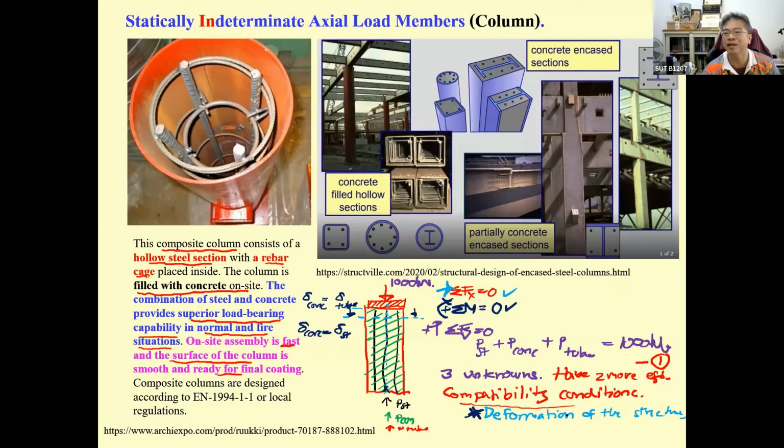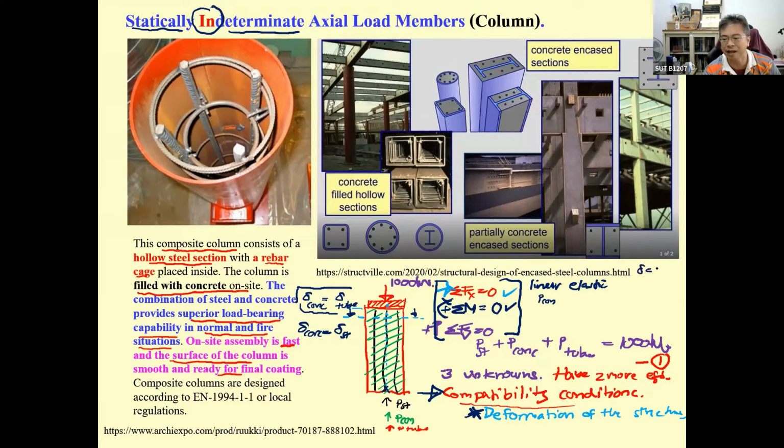This is an important thing when we talk about this kind of structure, statically indeterminate. Why? Because you cannot solve this problem by only considering the equations of equilibrium. You have to find more conditions. In this case, you find the compatibility conditions, and you get two of them, and the material must be in the linear elastic range. So what you have over here is P of the concrete.